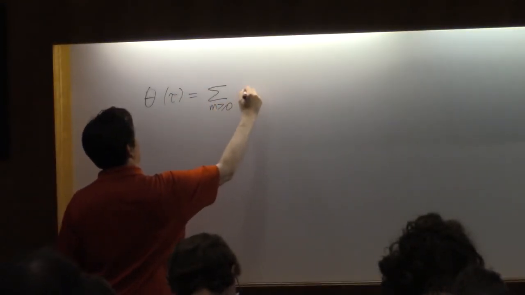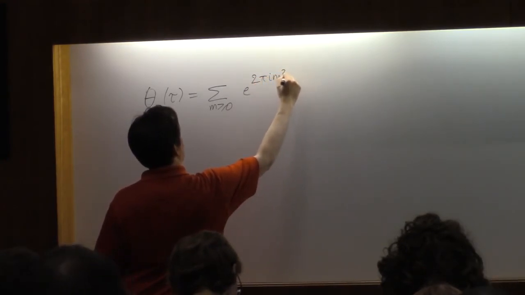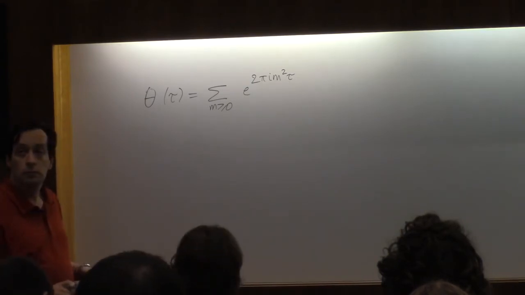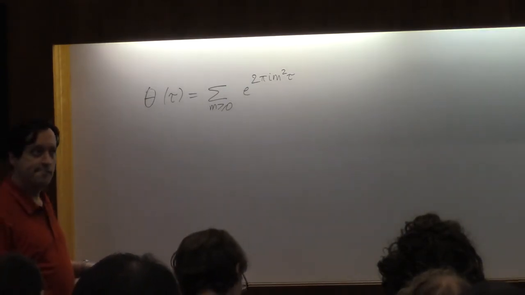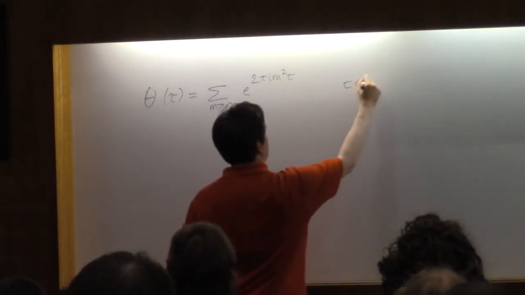These are called theta functions, and so I will write theta of tau, the sum over m, of e to the 2 pi i m squared tau. All right? Fine? So here tau is a point in the upper half plane.